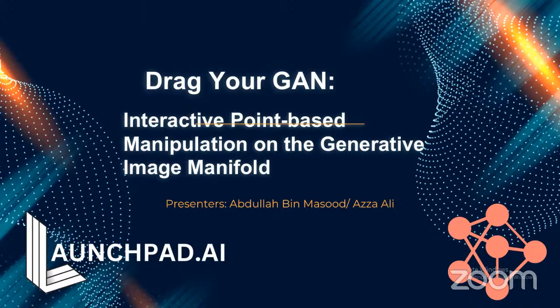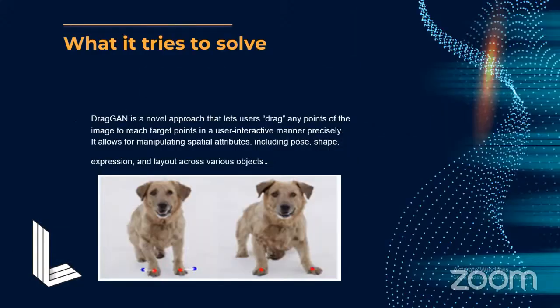DragGAN is a new method for controlling the output of generative adversarial networks, which are called GANs, used to generate realistic images.